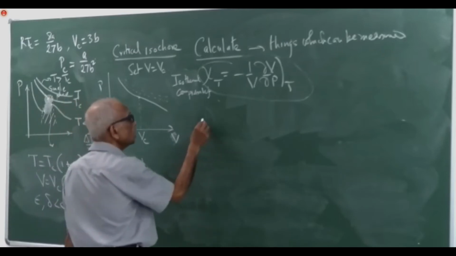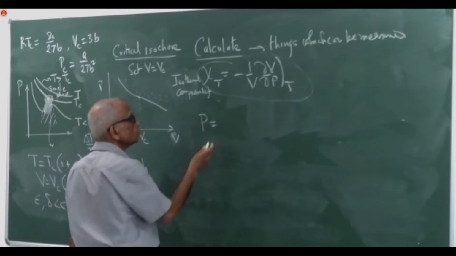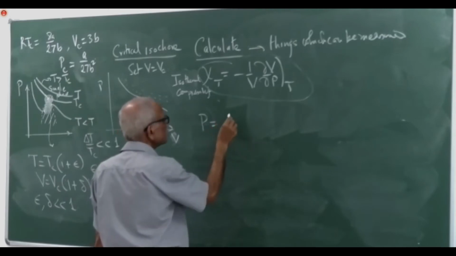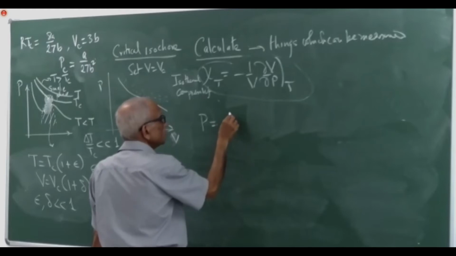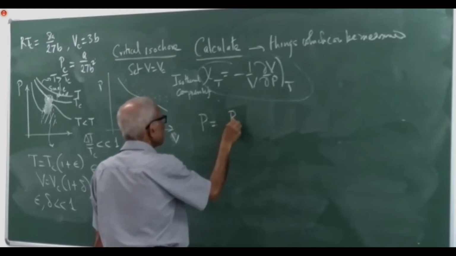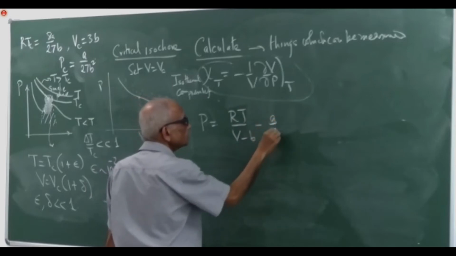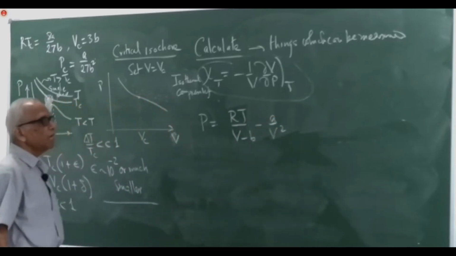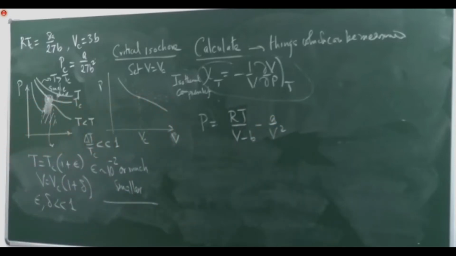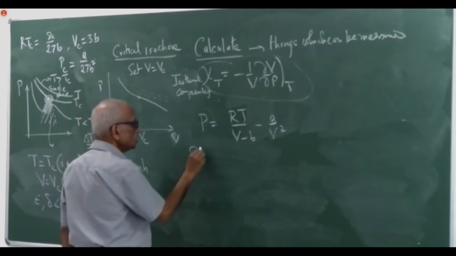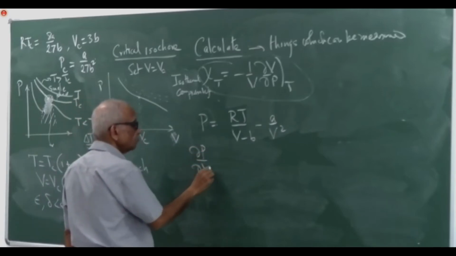I'm supposed to have P equal to this, let me write, RT over V minus B minus A over V squared. And where am I? I want to calculate del P del V. So it is del P del V which I want to calculate.